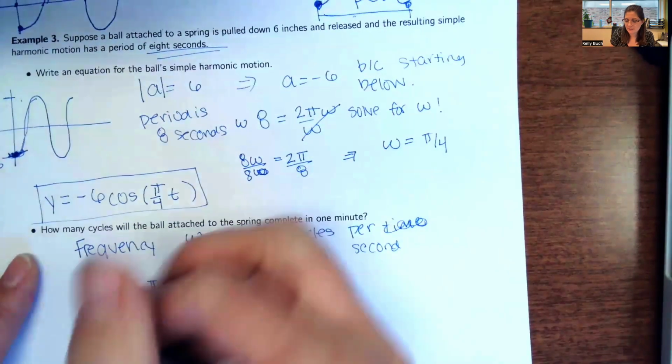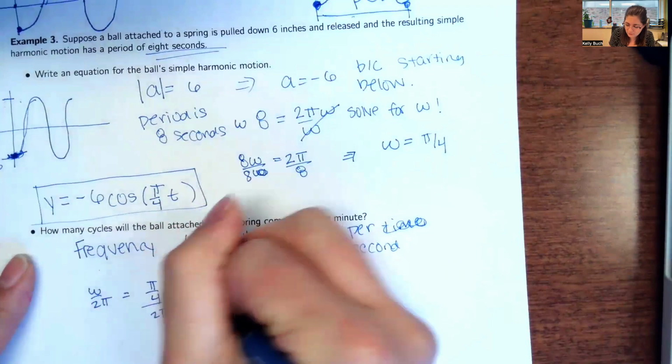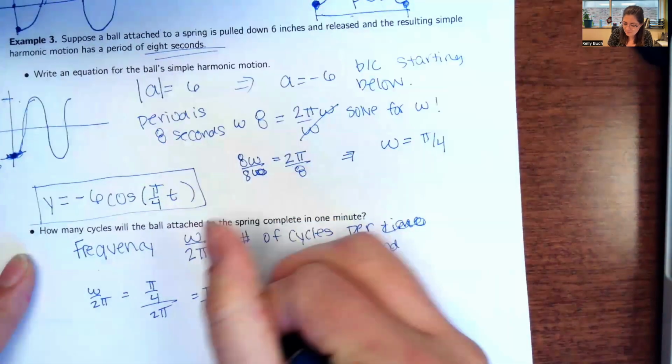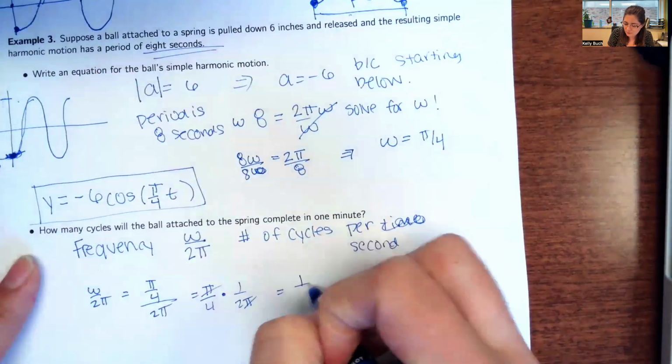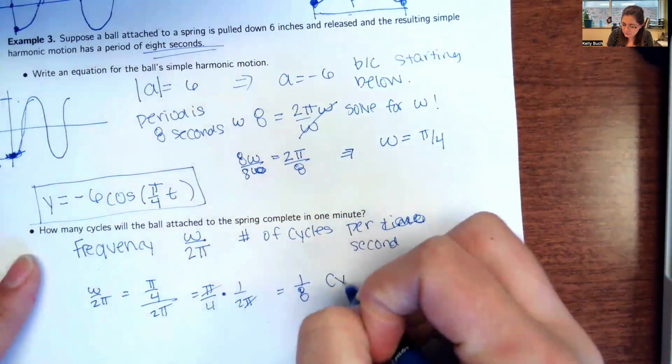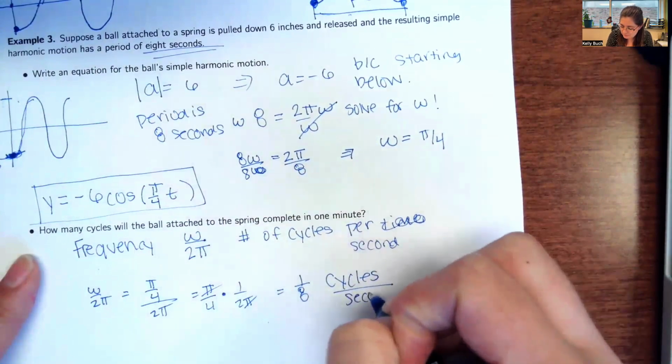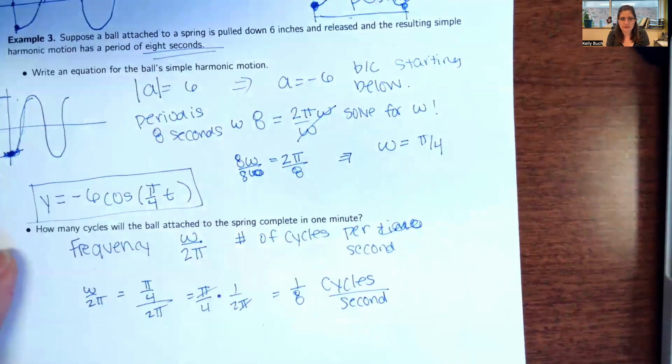I'll need to multiply by the reciprocal here and call this pi over 4 times 1 over 2 pi. That'll reduce, and I'll end up with 1 over 8 cycles per second. So I get an eighth of a cycle in a second.